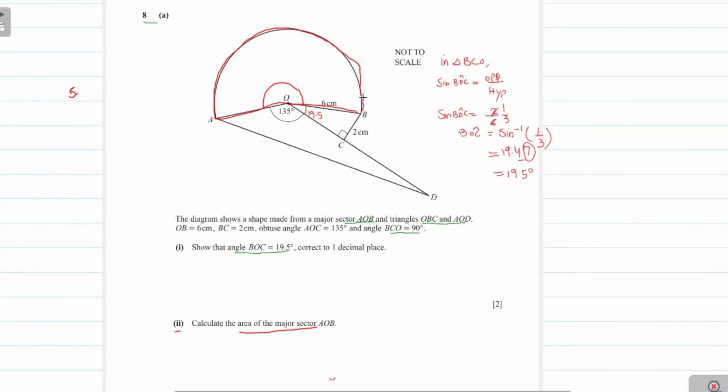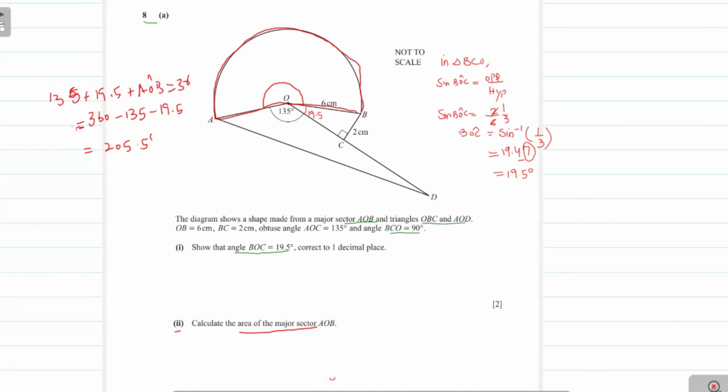The angle subtended by the major arc at this point will be equal to 360 minus 135 minus 19.5, because the sum of the angles 135 plus 19.5 plus angle AOB equal to 360. Therefore, this angle AOB is equal to 205.5.